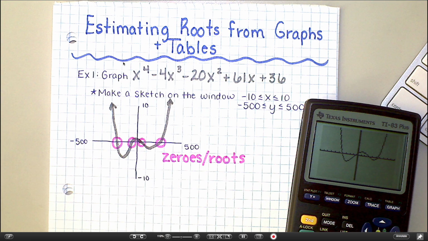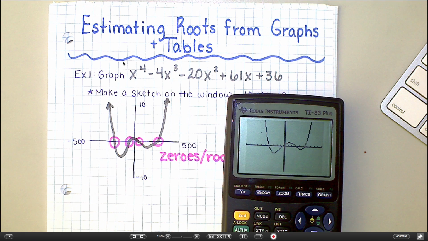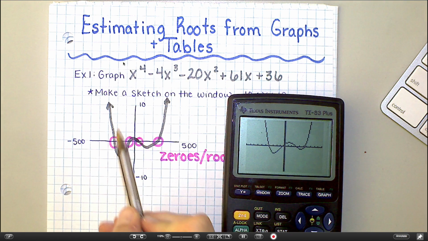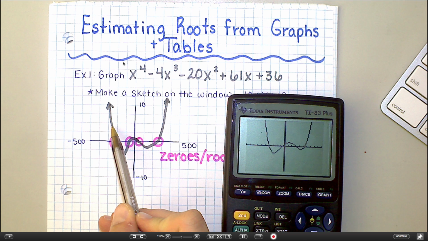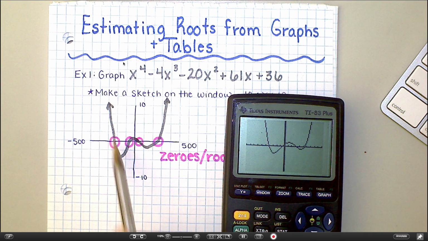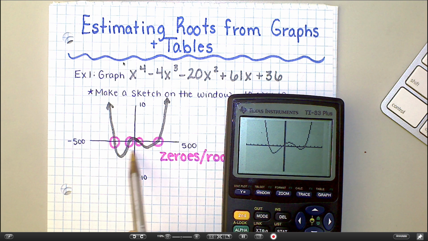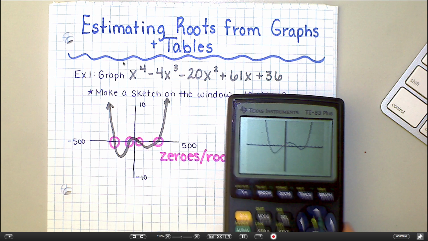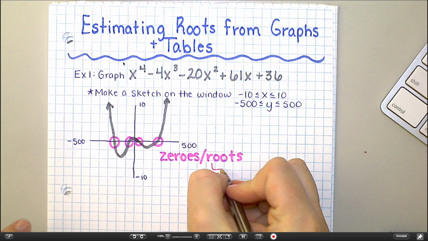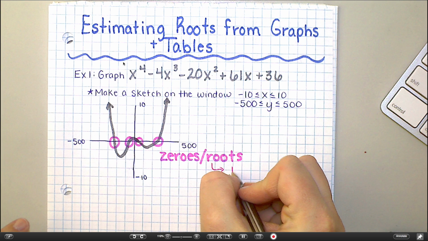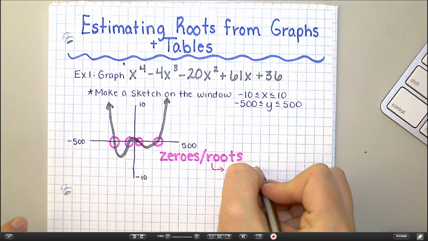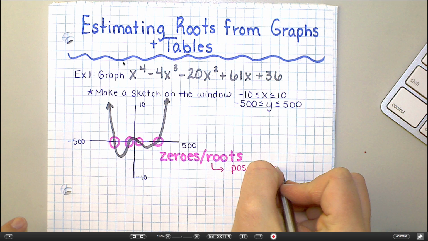Okay, so the first thing I want you to notice is that the zeros happen anytime your graph crosses, like from the positive land up here to the negative land down here, or vice versa when we cross from negative to positive. So roots and zeros occur when we cross from positive to negative or from negative to positive.